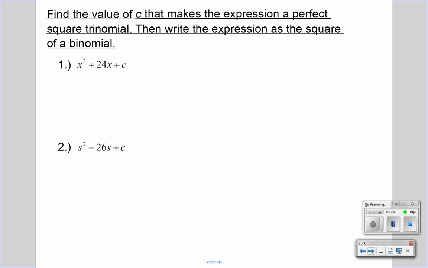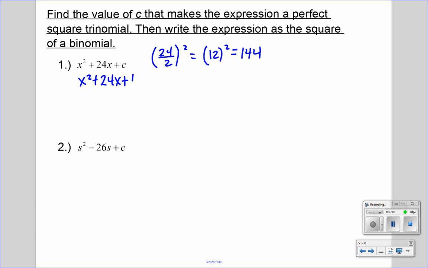Our b value is 24. So we're going to do (24/2) squared, which equals 12 squared, which is 144. We rewrite this as x squared plus 24x plus 144, and our square of a binomial is (x + 12) squared.